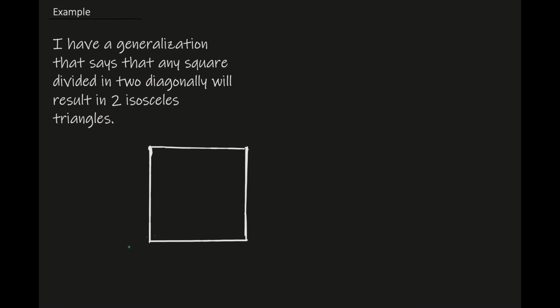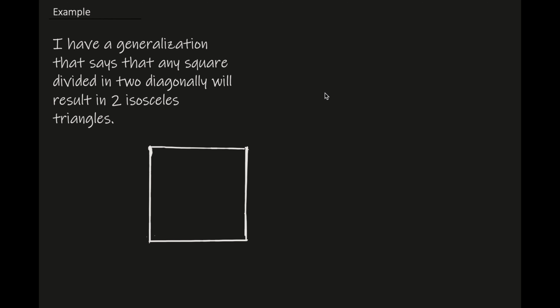So, here we have an example. I spent hours trying to draw this square. As you can see, it's finally almost perfect, so that's okay. Now, we're going to be talking about how to solve it. I have a generalization that says any square divided in two diagonally will result in two isosceles triangles.